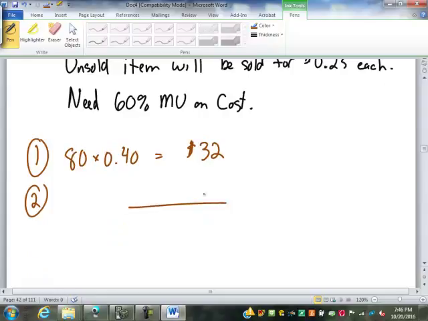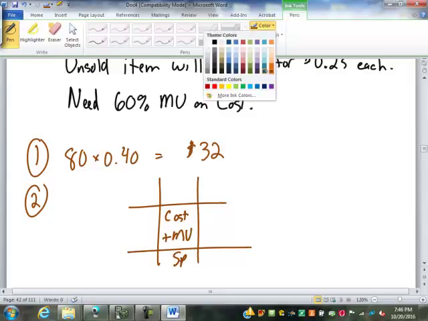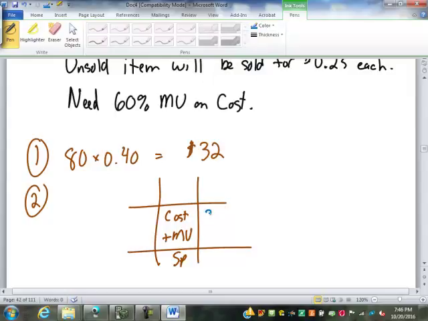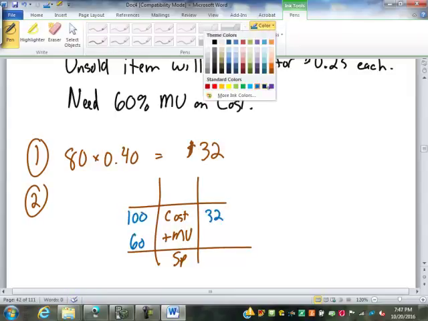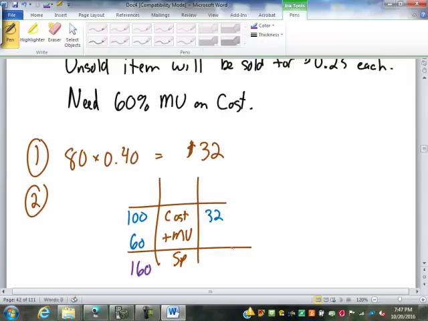So we have $32 here, 60%, 100%, 160. What are we going to get here? $51.20. Very good.